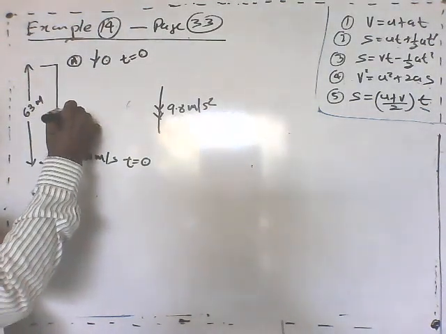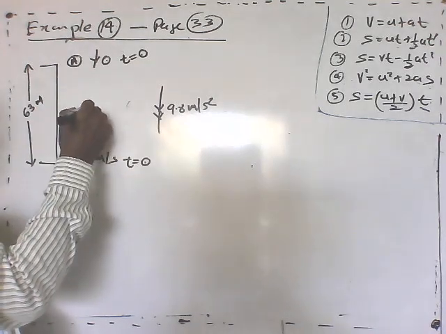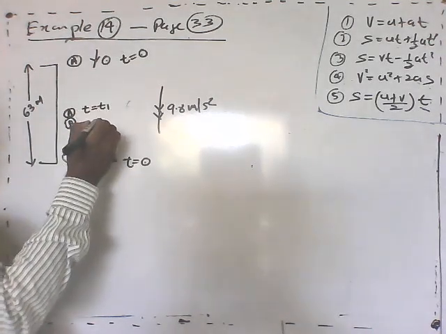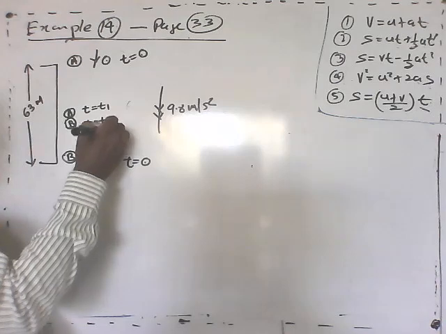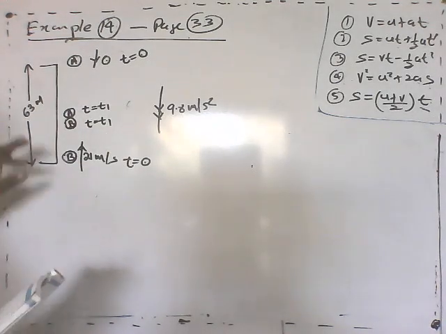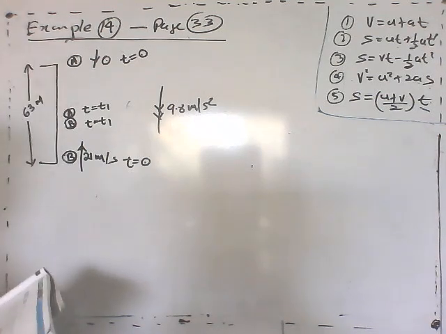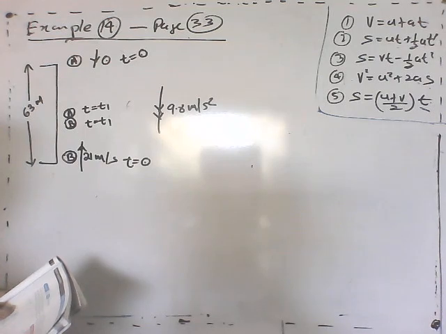So this is A, this is B, and the collision point we will say is t equals t1. We don't know what speeds they are going to hit with; one is reduced to some value and the other increases. And they are asking to find the distance of the point where the balls hit.